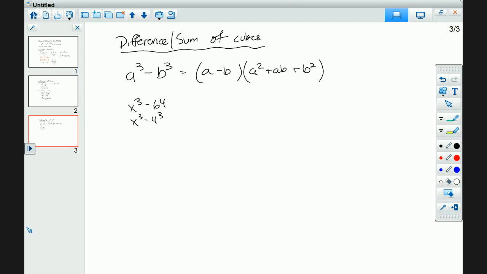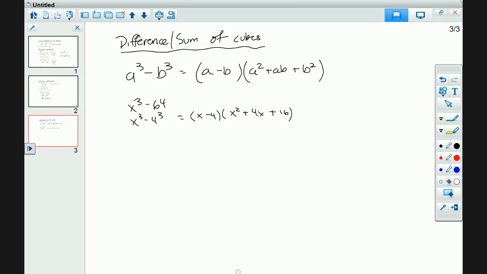A is x, b is 4, right? So x minus 4, x squared plus 4x plus 16. And you have the factors. So if you have these algorithms with you, you can factor cubics a lot easier. I hate to try to pull it out of my brain without it.